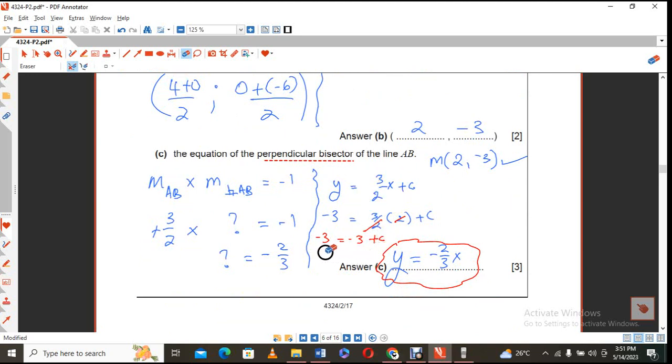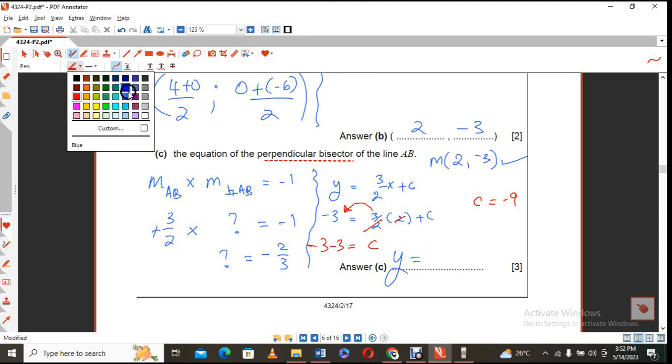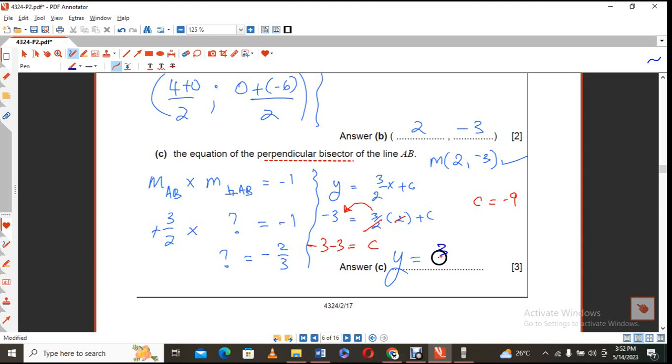Having said that, that gives you a different value for c if I substitute that in there. So our c, my apologies, a thousand apologies, will be -9, because that 3 goes over and becomes a minus. So our c equals -9. To rewrite it properly, our equation is going to be y equals 3 over 2 x minus 9.